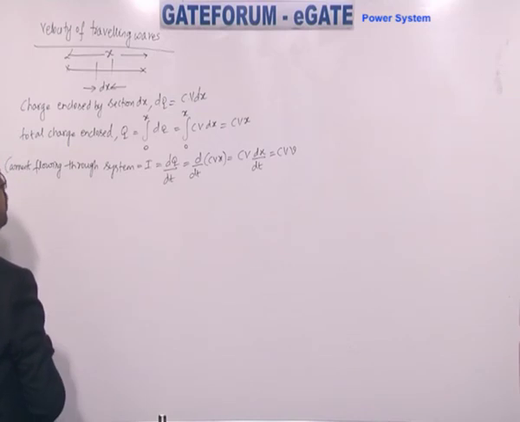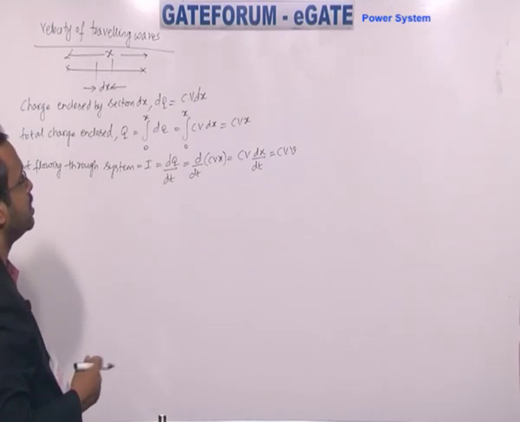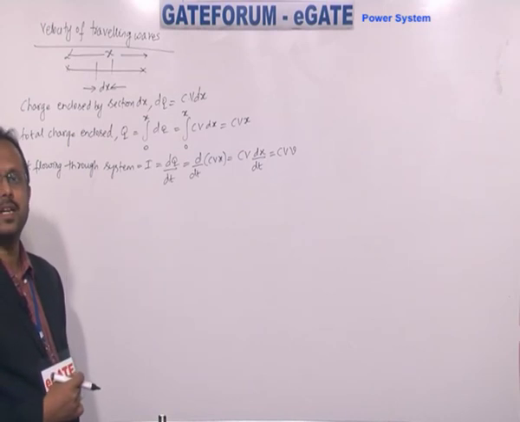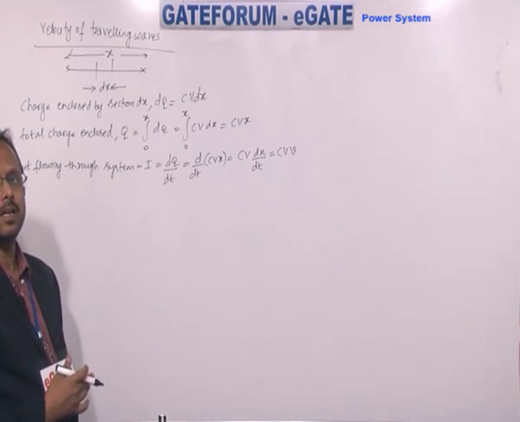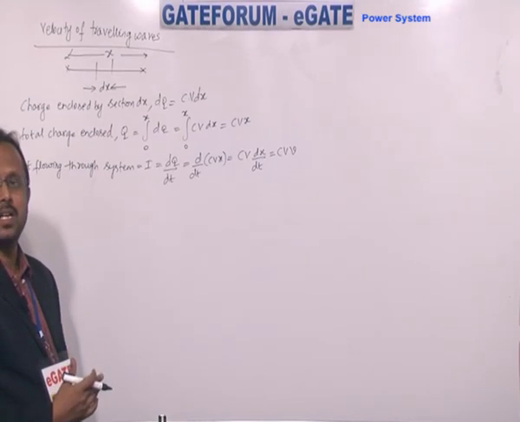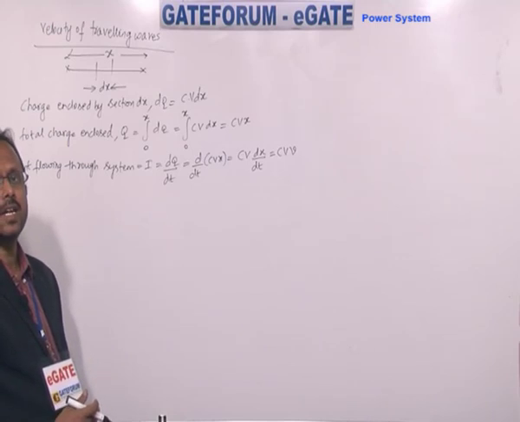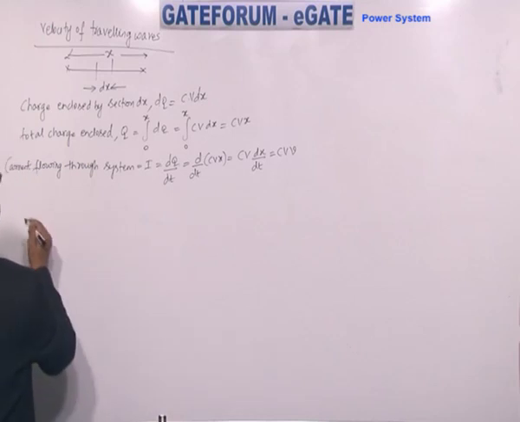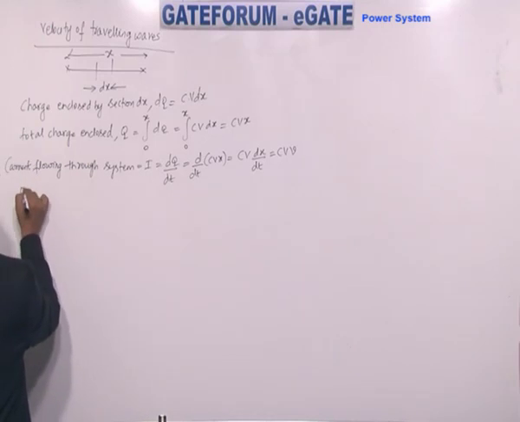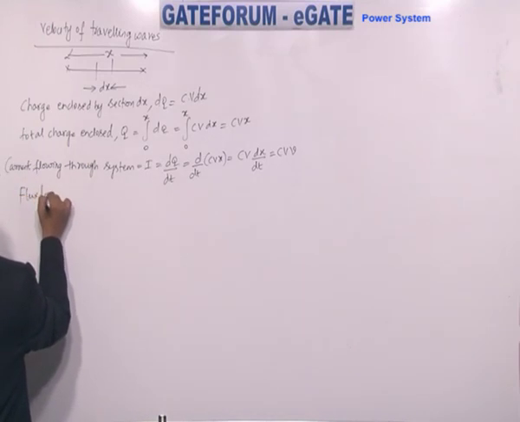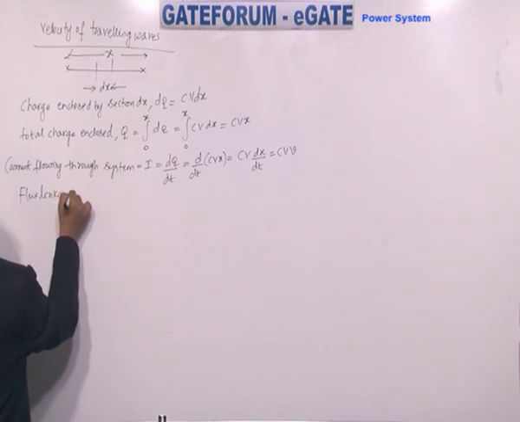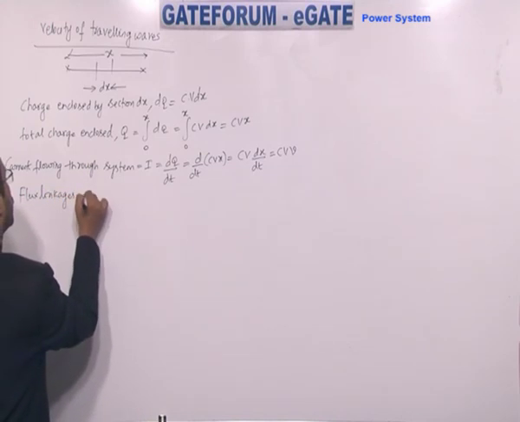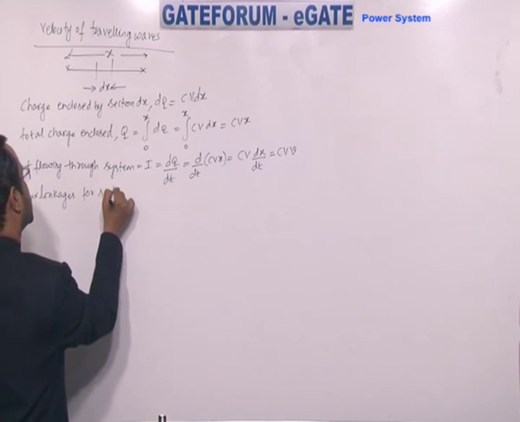Now we check related to flux linkages. How to find the flux linkages? L into I. For the very small section dx, the flux linkage is L into I dx. So now you mention the flux linkages for the section dx.